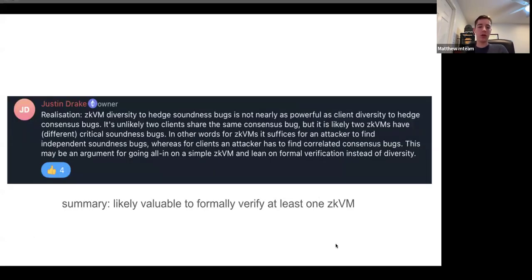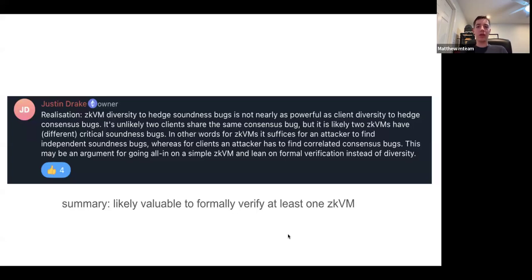Talk about ZKVM diversity. This is something Justin put in the native rollup chat, and the summary that I got from this is that while it may be valuable to work on multiple ZKVMs simultaneously and even support minority ZKVMs, there's an unfortunate fact of life when it comes to the soundness bugs that you see in ZKVMs, and that problem is that if you can break it at any point, it can break the soundness of the entire thing.